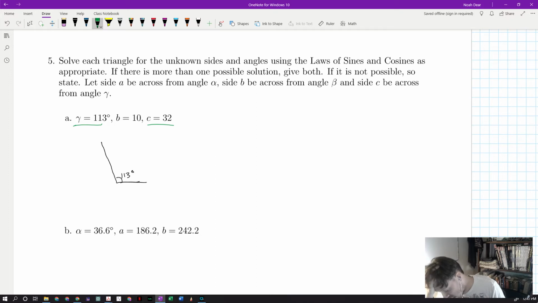So if C is 32 and B is 10, I can maybe shorten that up a little bit and say that's a length of 32 there. And then B is 10, that's the short side, so beta is up here.